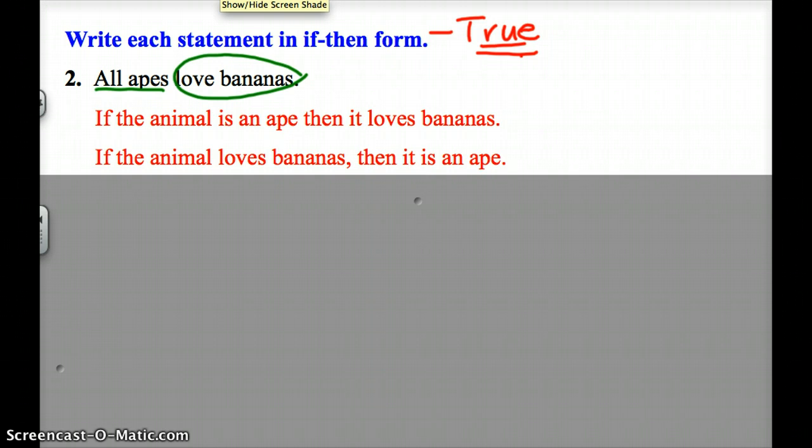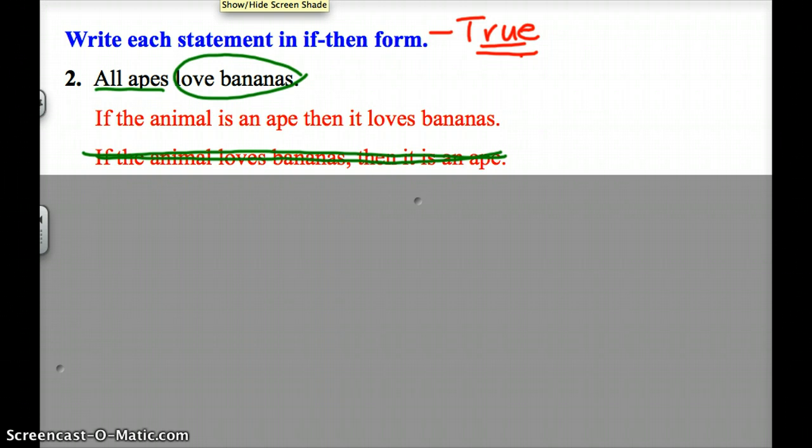Now the if-then statements have to be true statements. So when you read both of those, oh, not every animal that loves bananas is an ape. I like bananas a lot. I eat a banana almost every day. I am not an ape. So this is not your correct answer. If the animal is an ape, then it loves bananas is the correct if-then statement.